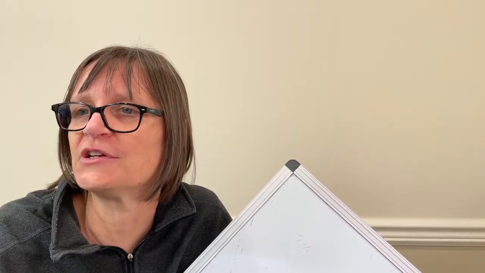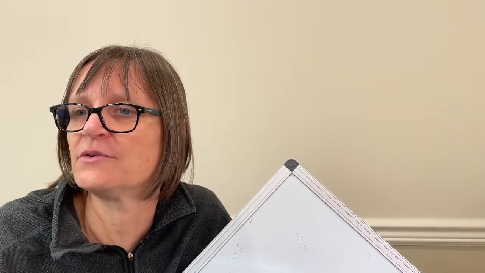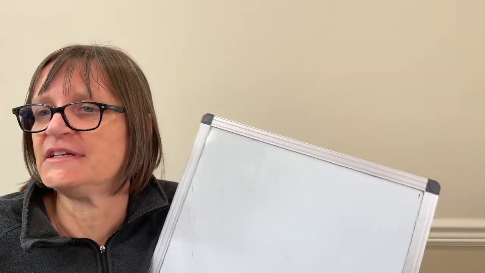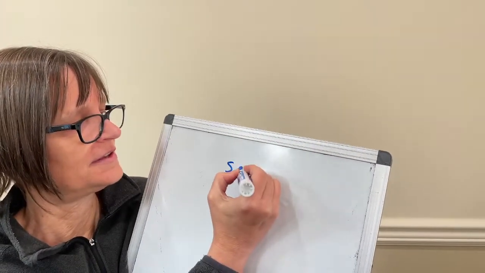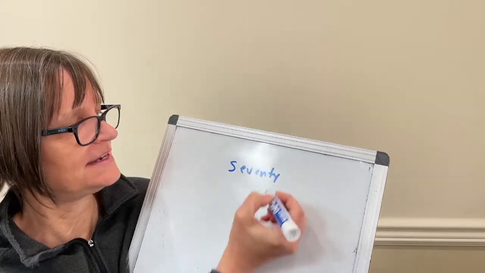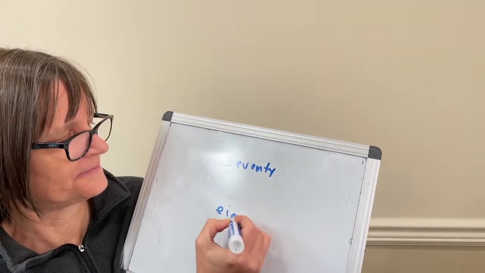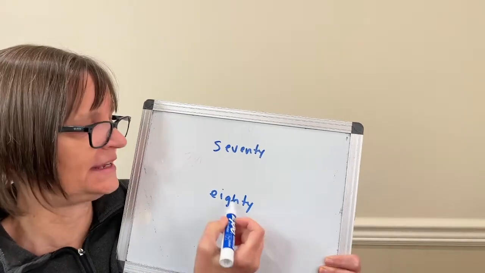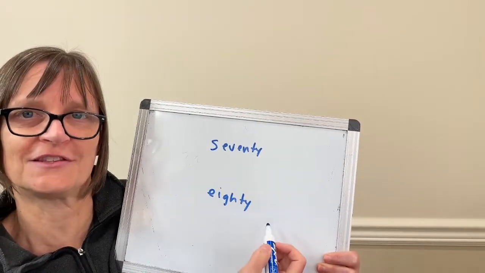We have a question about how the flap T in 70 is different than the flap T in 80. So in 80, it's a straightforward flap T because it's between two vowels and it's an unstressed syllable.